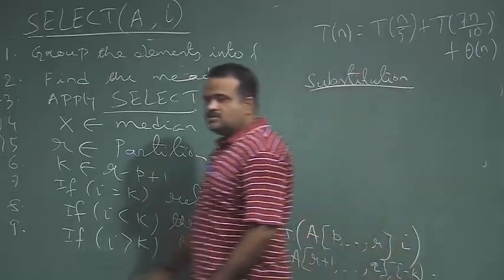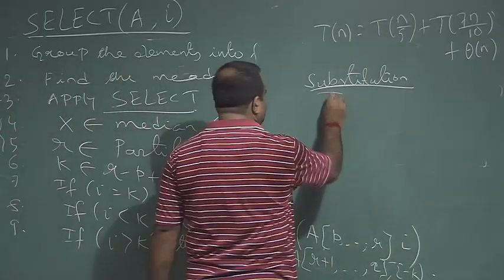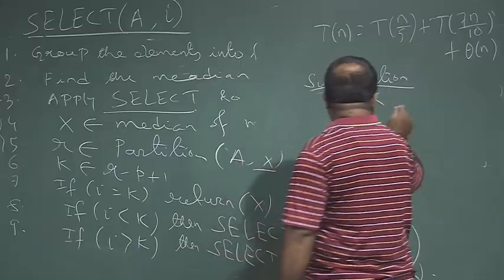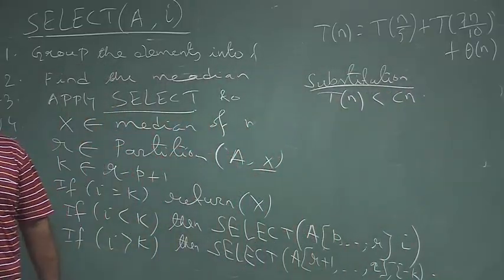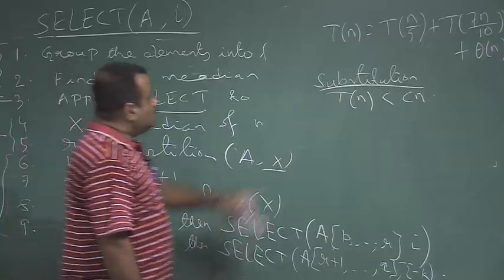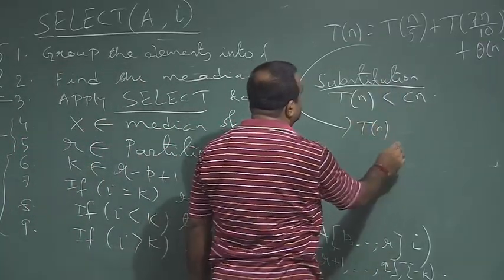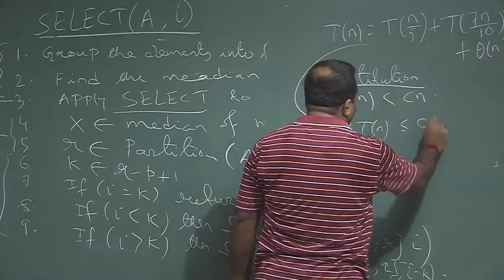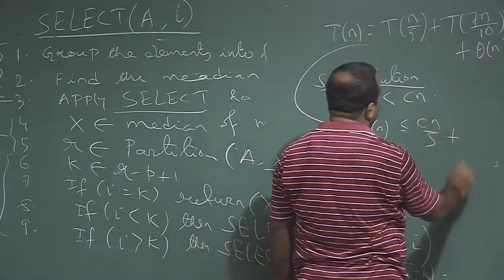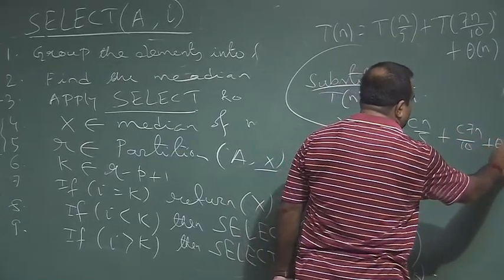So, we are looking for a linear time algorithm, so we are assuming T n is less than or equal to C n, and this is true for all k up to n. So, we will use this here. We got T n is less than C n by 5 plus C 7 n by 10 plus theta of n.